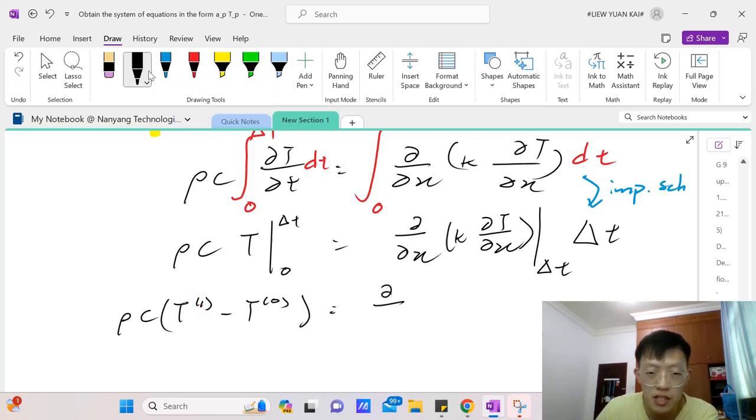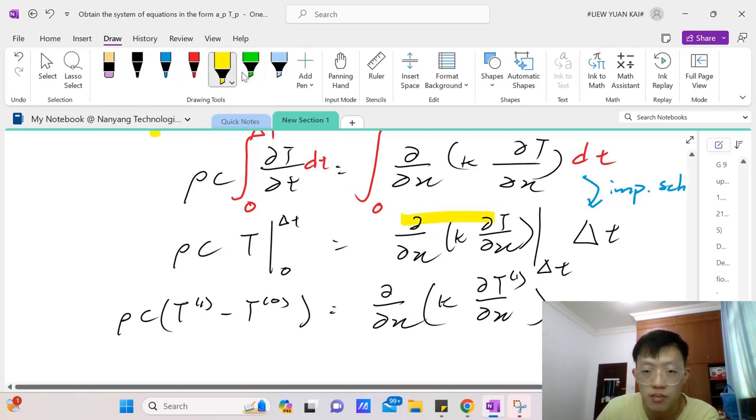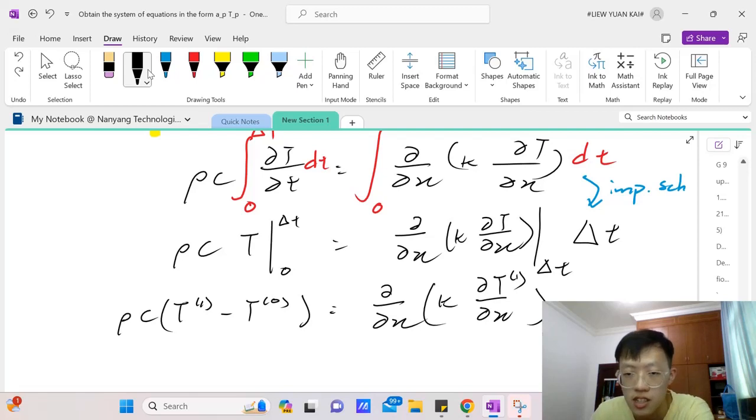So I'm just going to copy down this thing, same thing, but at t, I'll write this 1. This is how I transform this term into this term. I hope that's clear. It's just a notation.